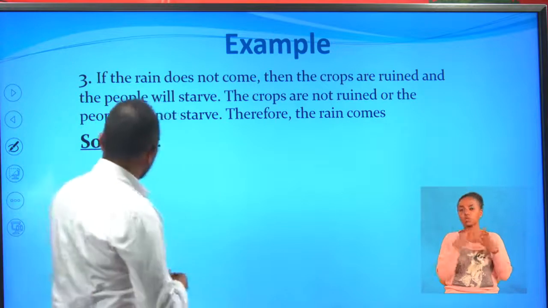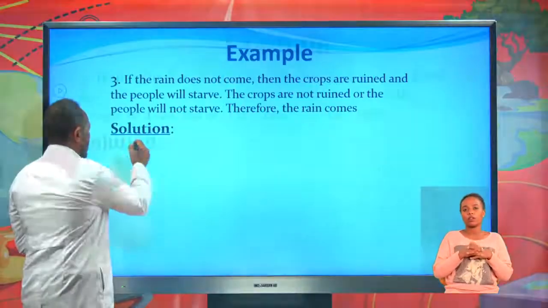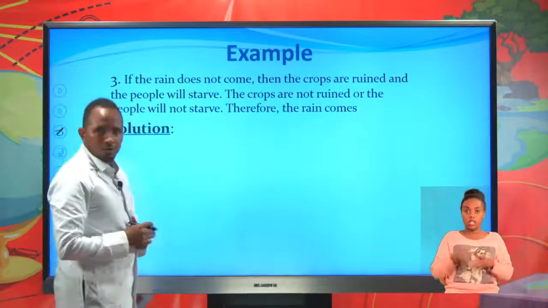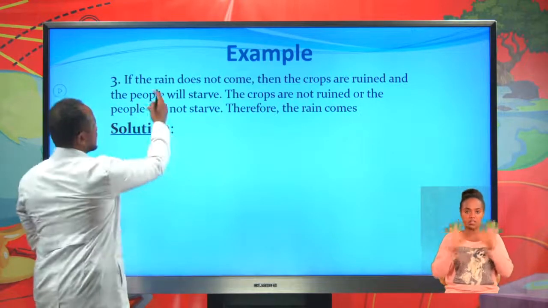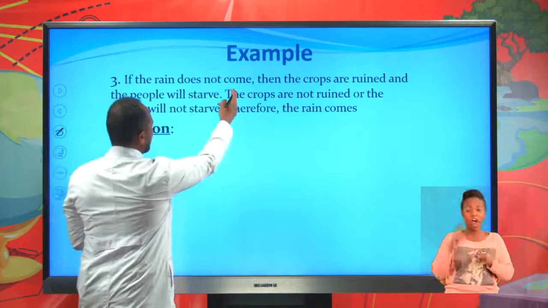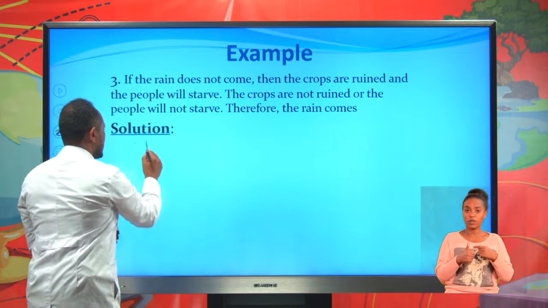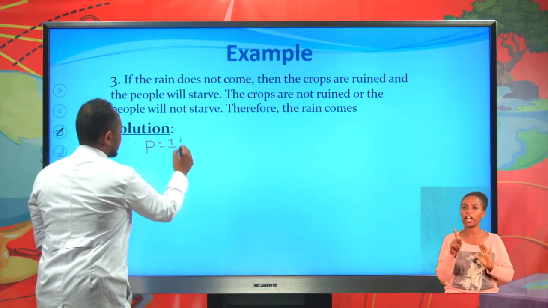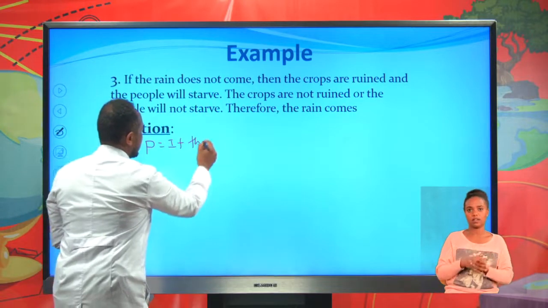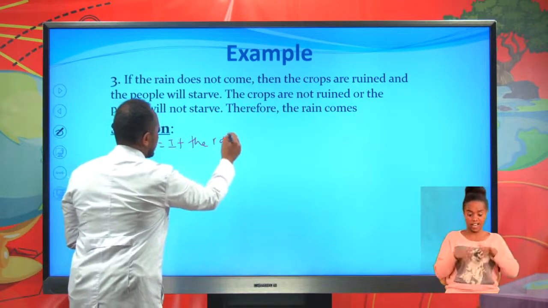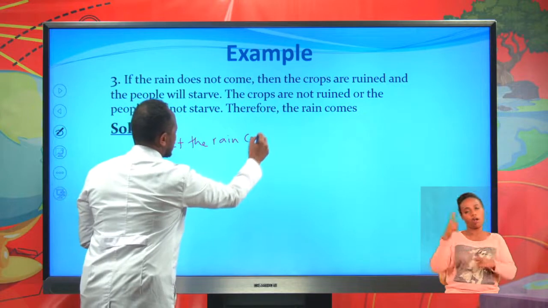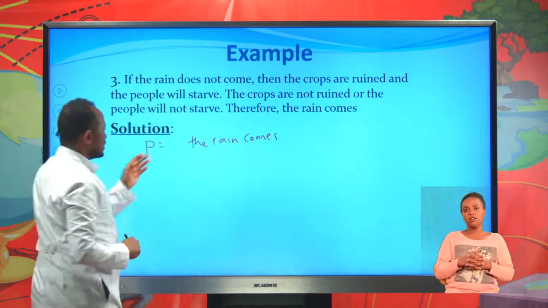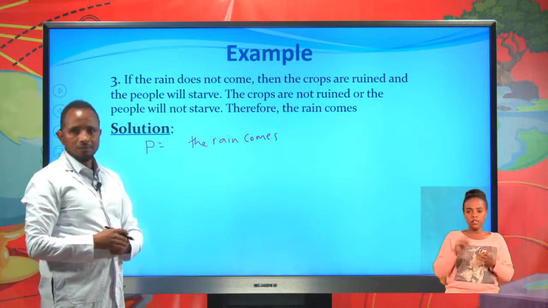So let's put a symbol for each given statement. Let's assume P to be the rain comes.